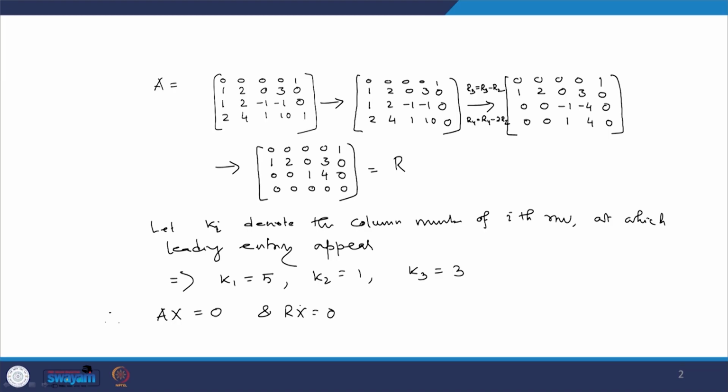So, solving Ax equal to 0 is the same as solving Rx equal to 0. Now, based on that, Rx equal to 0 implies the matrix with rows 0, 0, 0, 0, 1; 1, 2, 0, 3, 0; 0, 0, 1, 4, 0; and the fourth row 0, 0, 0, 0, 0.